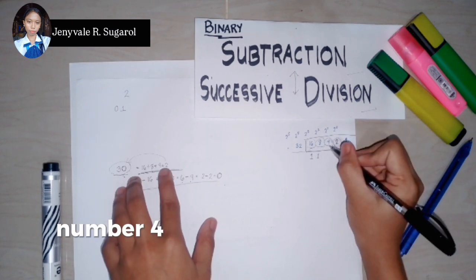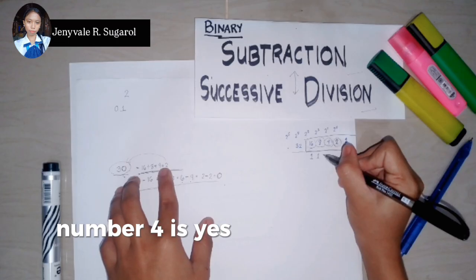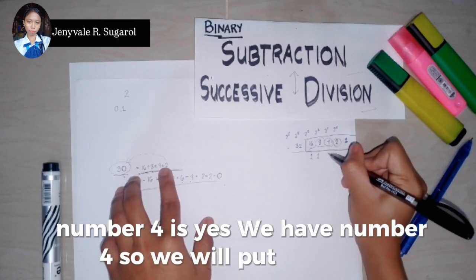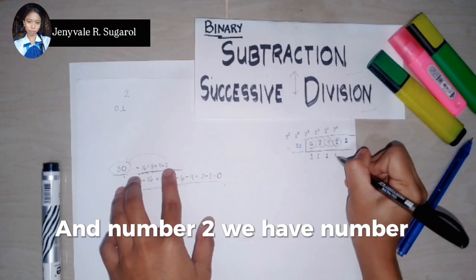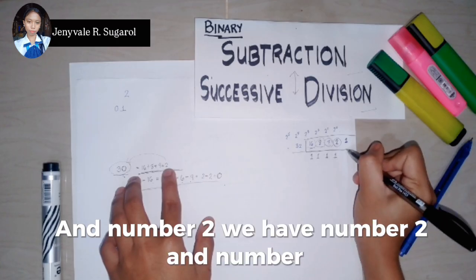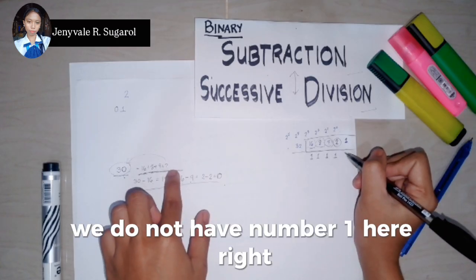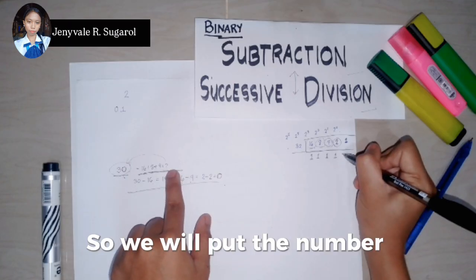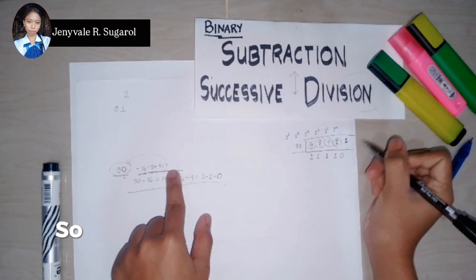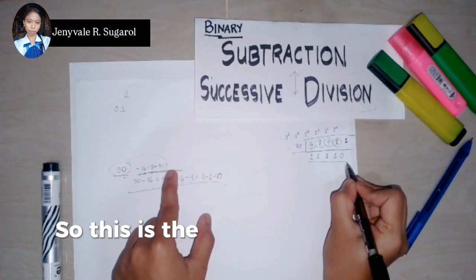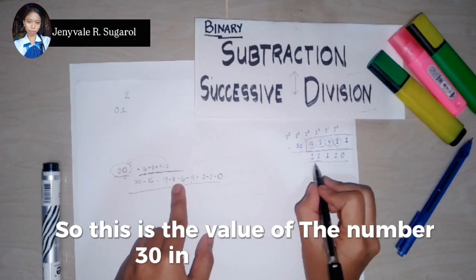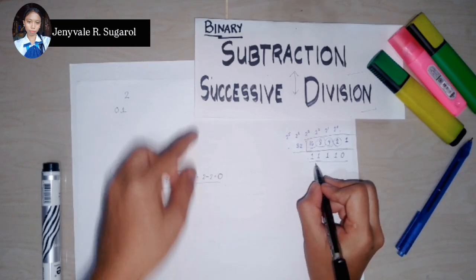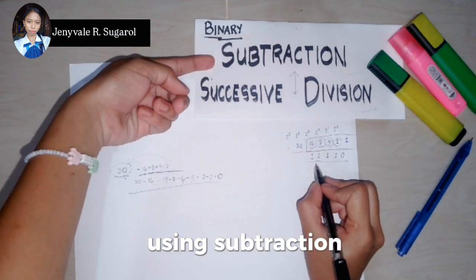Number 4, yes, we have number 4, so we will put number 1. And number 2, we have number 2. And number 1, we do not have number 1 here, right? So we will put the number 0. So this is the value of the number 30 in binary using subtraction.